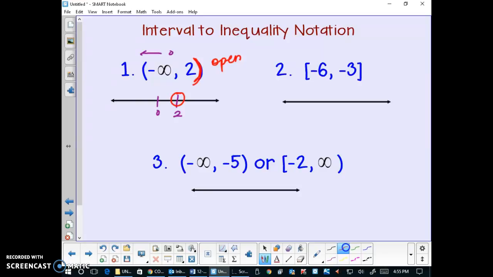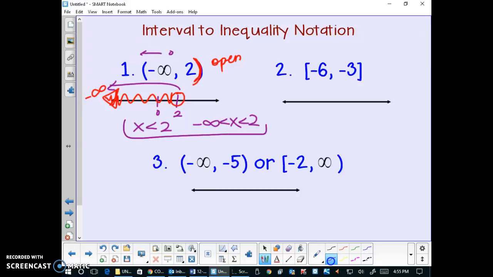So I'm going to put an open circle, and it's telling me to go all the way to negative infinity. Okay, now that we have this, there's 2 inequalities you can write. You can tell that it's x is less than 2 because it's everything less than 2. Or some people might write that it's going from negative infinity is less than x is less than 2. Either one of those are correct.